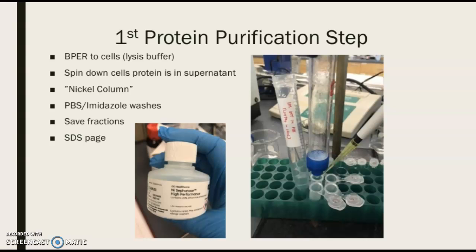The column is then washed with PBS and imidazole, which are just like neutral buffers. This will wash our desired protein into fractions, and these fractions are saved and then used to run an SDS page. I'll go over SDS pages near the end of the PowerPoint, but for now, it's just looking at how pure your protein is.